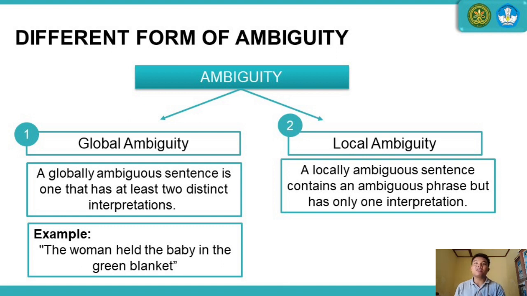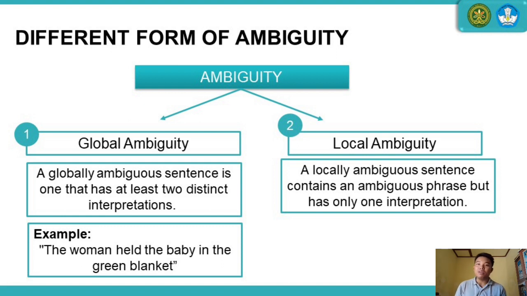The second one is local ambiguity, which is a sentence that contains an ambiguous phrase but has only one interpretation. In local ambiguity, normally when we read a sentence, we can easily understand the meaning because at the end of the sentence there is usually an extension that explains the whole sentence, so it can be interpreted precisely.